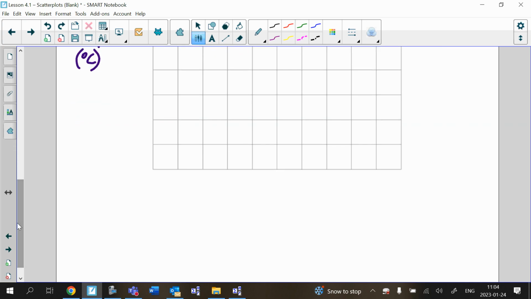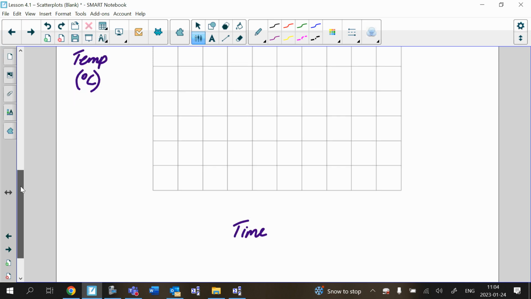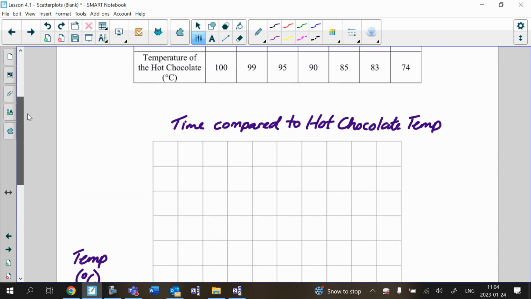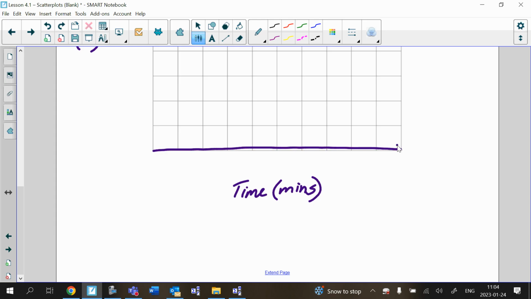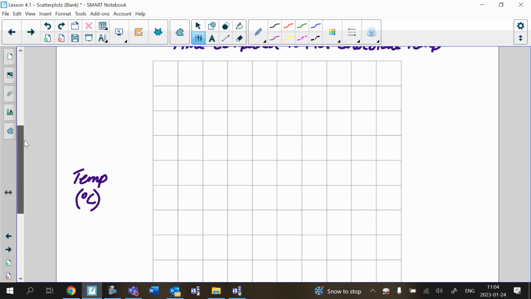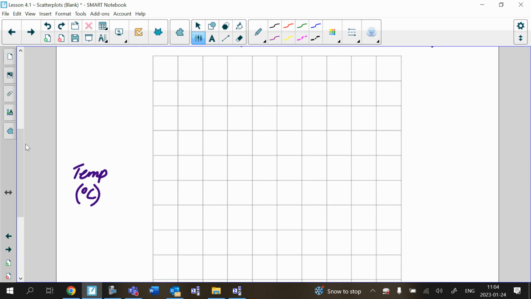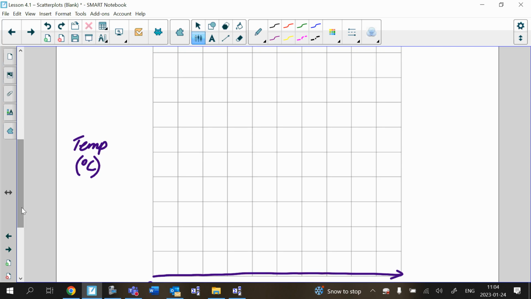We want to start at 0 for both of them. We may have to truncate or put a squiggly in for the vertical axis from 0, or we may not. What do you want to go up by for time? 5?